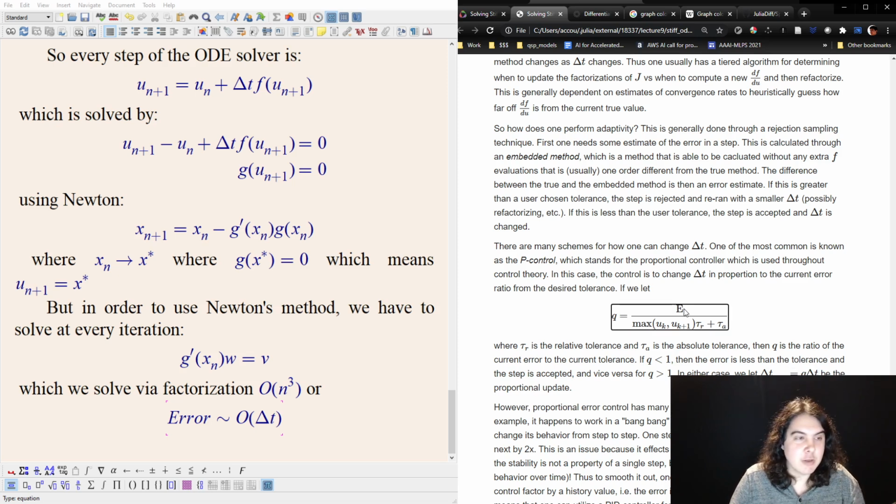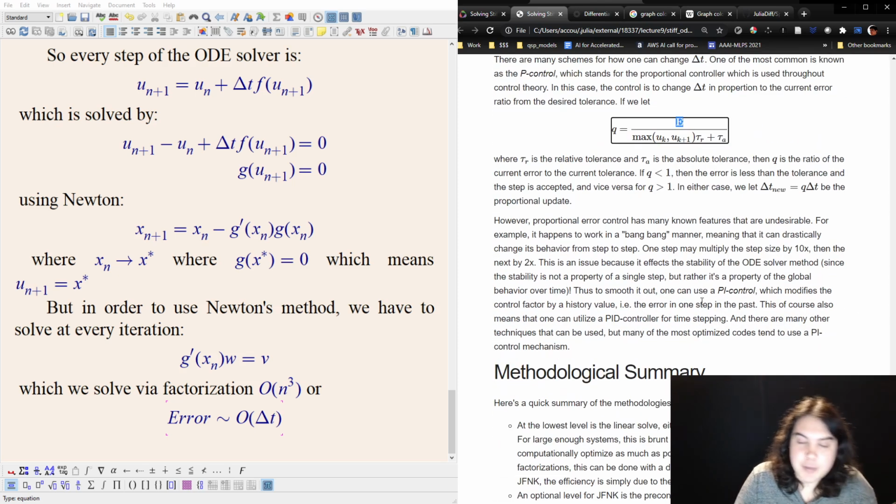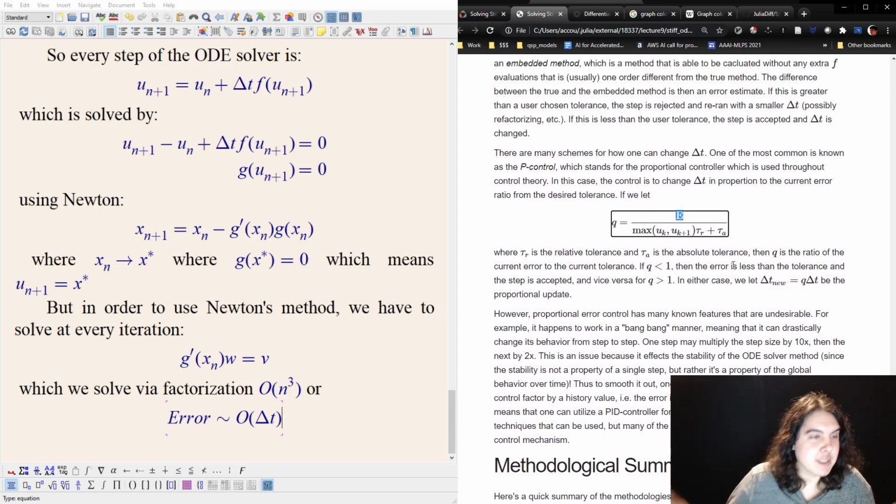It's proportional. So the change in delta t is proportional to the error that you had. And so if you use this kind of method, then after a successful step, this tells you what your delta t should change to. Or if you have Newton divergence or something, this tells you how you should change delta t.